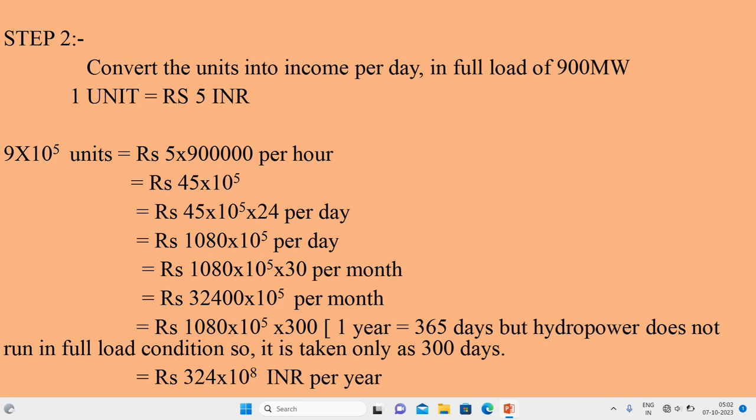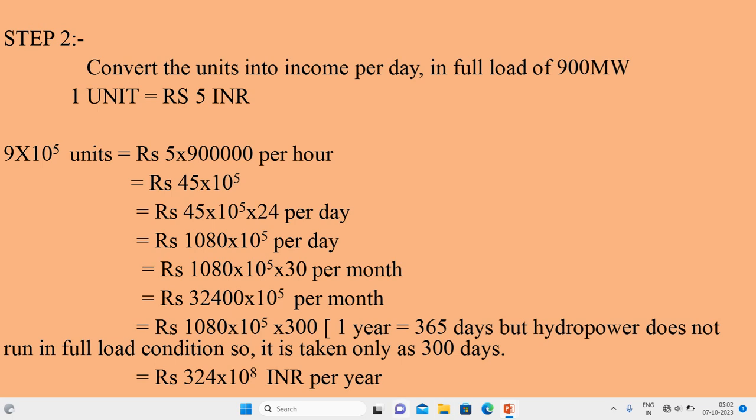If we go for a month, it will be 30 days in 1 month. So this cost will be like this much. Now let's convert to the yearly cost. How much income per year will this 900 megawatt generate?